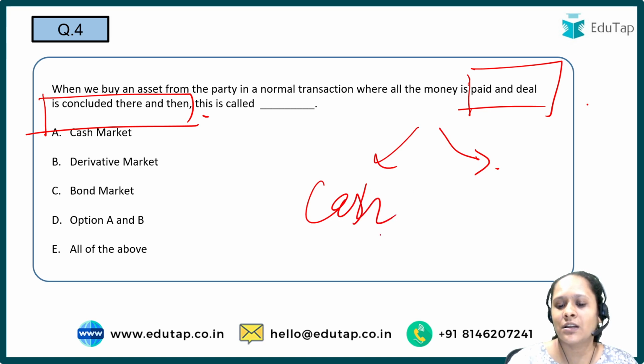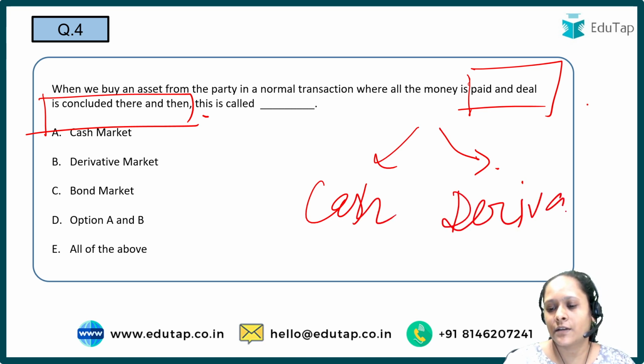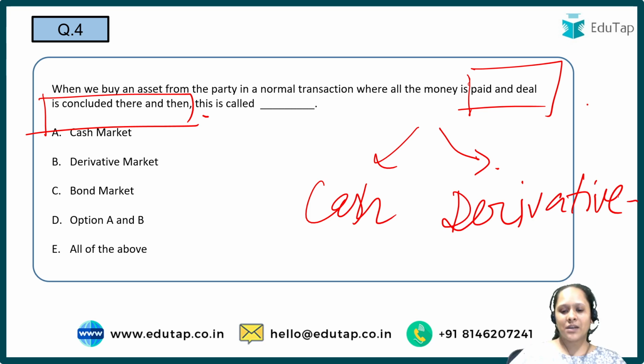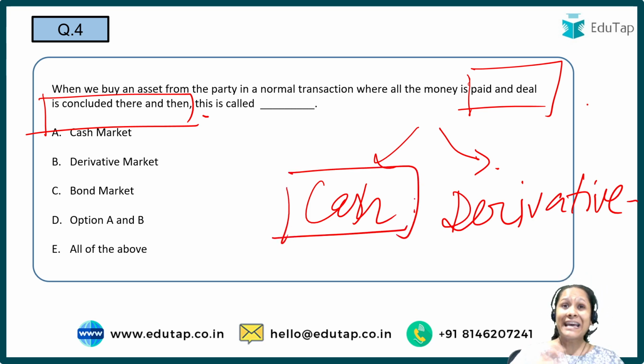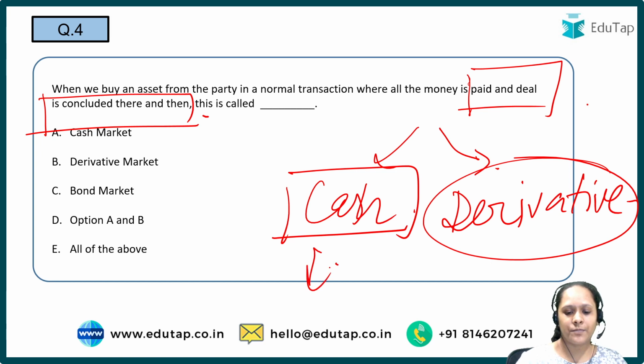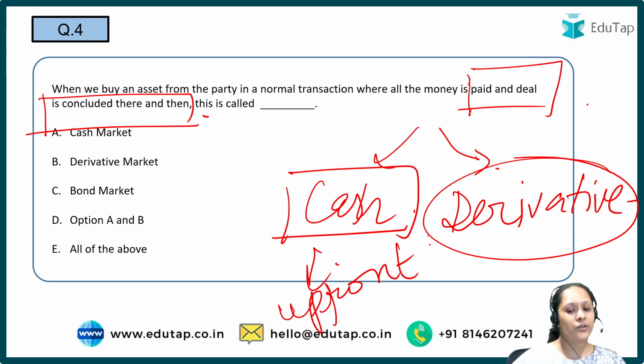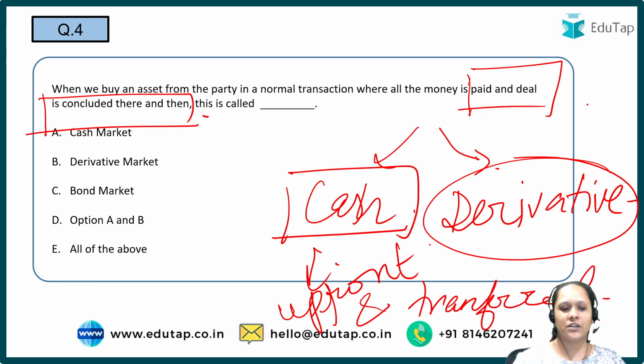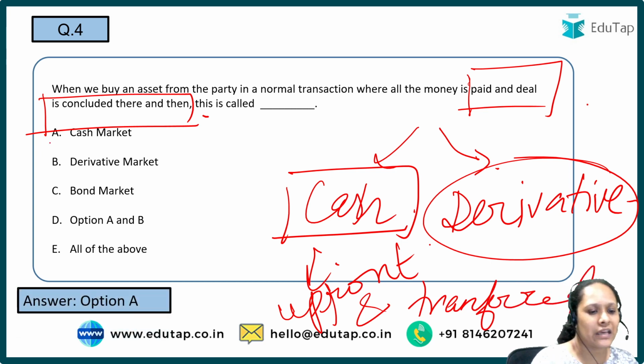One is the cash segment and one is the derivative segment, ठीक है। कैश सेगमेंट में क्या होता है, द ट्रांजैक्शन टेक्स प्लेस देन एंड देयर, मतलब अभी आप पैसा दोगे और उसी मोमेंट में यू विल गेट द एसेट्स इन योर हैंड, बट ये केस डेरिवेटिव में नहीं होता। नाउ यहाँ पे क्वेश्चन क्या कर रहा है, द क्वेश्चन सेज दैट वेयर ऑल द मनी इज पेड अप फ्रंट, कैश मार्केट में पेमेंट अप फ्रंट है, ठीक है, एंड द डील इज कंक्लूडेड देन एंड देयर एज आई सेड कि यू विल बी ट्रांसफर्ड द एसेट. सो द राइट आंसर इज ऑप्शन ए, कैश मार्केट.